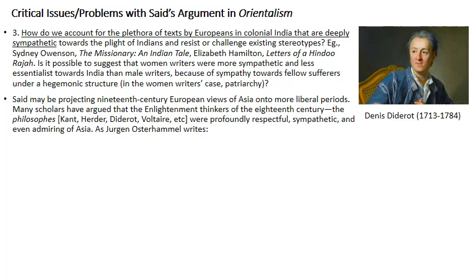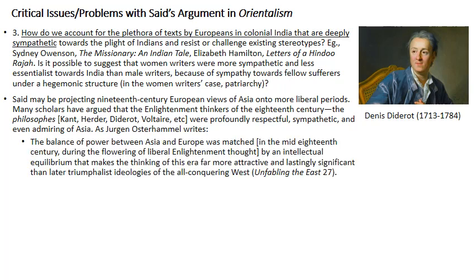Now, Jürgen Osterhammel has a book on this called Unfabling the East. If you are interested, I have recently written a review of this book in a Routledge journal called Postcolonial Studies. It's a very, very interesting book, and it's talking about the likes of Diderot, Voltaire, various 18th century writers who were respectful, sympathetic, and even admiring of Asia.